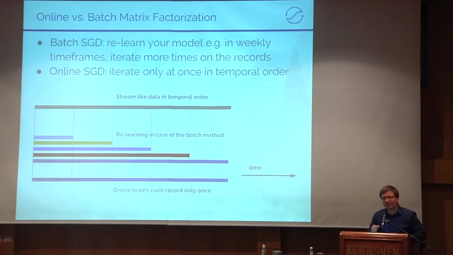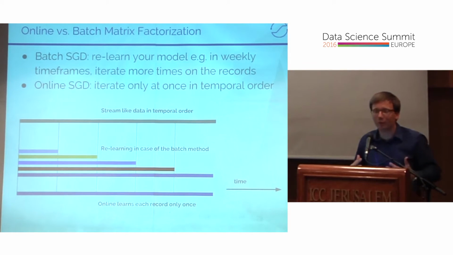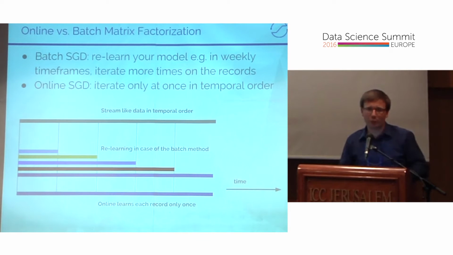But then at the end of the second week, they gather all the information that they got in the past, so information from the first and the second week. They learn their models again, and then they use this for prediction in the next upcoming week. And this just goes on week by week. We always forget the model, but relearn at the end of the week, using all the information from the past, a new matrix factorization model.